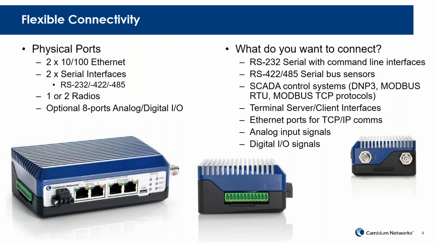So if you're wanting to serve this radio with IP, but you're talking to a serial port behind it, you can do that conversion in the radio, so Ethernet to serial conversion. That's a lot of flexibility in how that gets set up between terminal server and terminal client interfaces. So just about any kind of industrial device that you want to connect to, cnReach has the options and capabilities to do that.